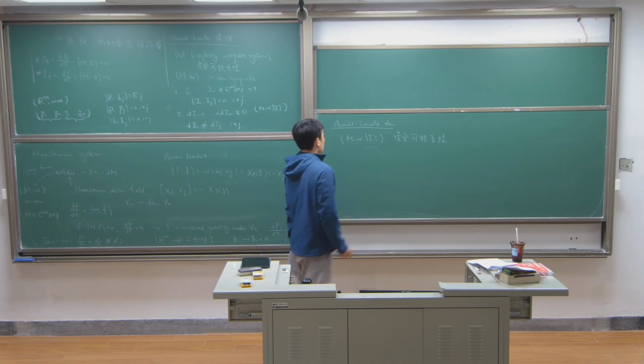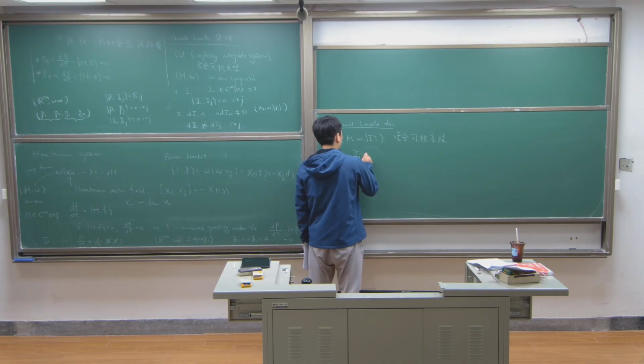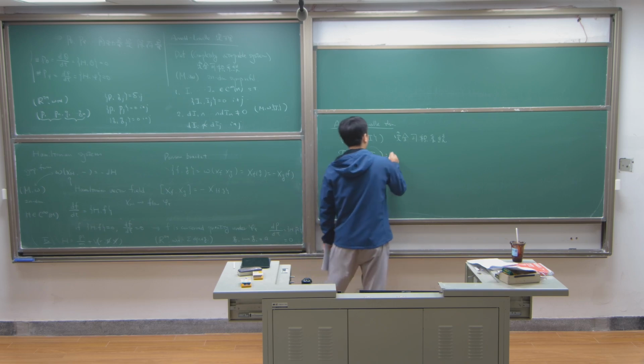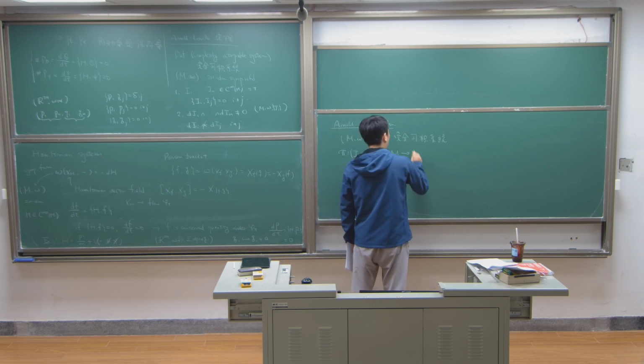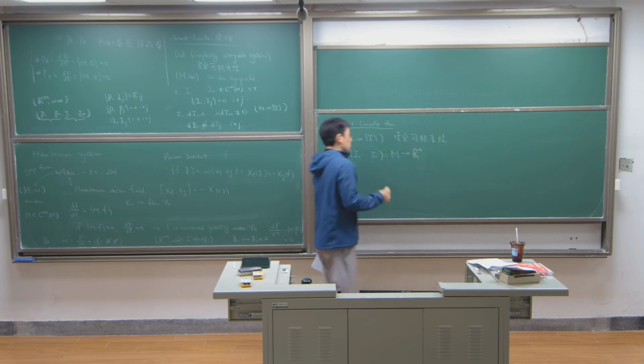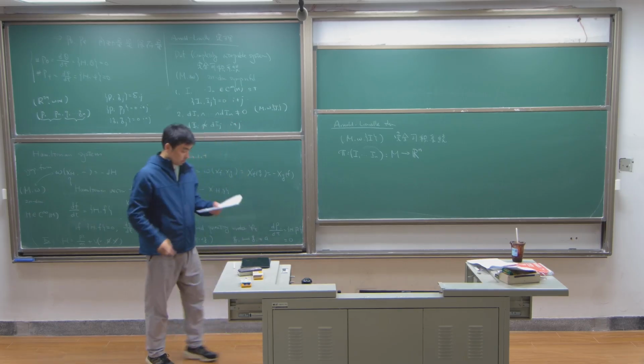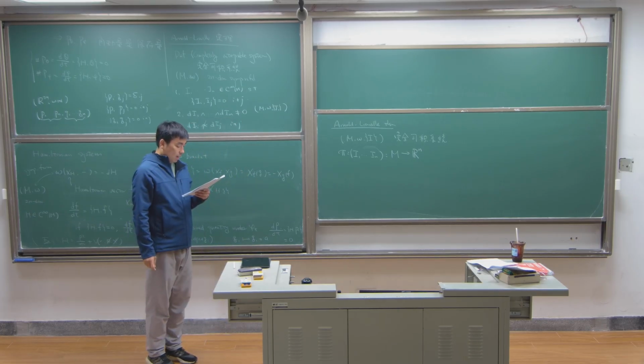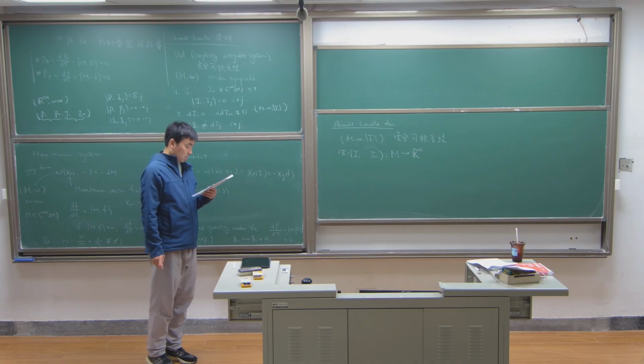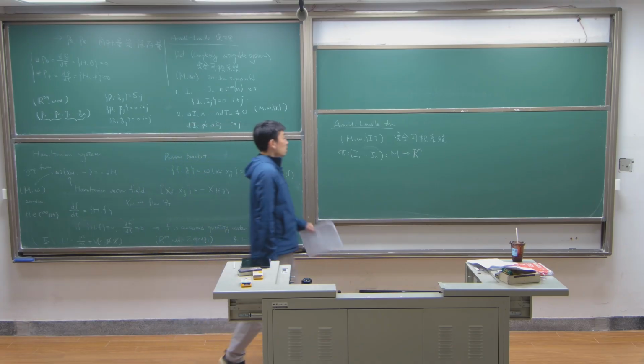Then this I will give you a map from M to R^n. 惯化映射, the moment map.